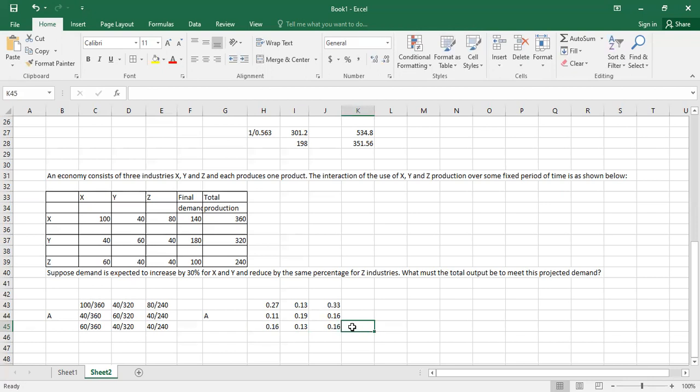Now we've gotten our technical coefficient matrix.